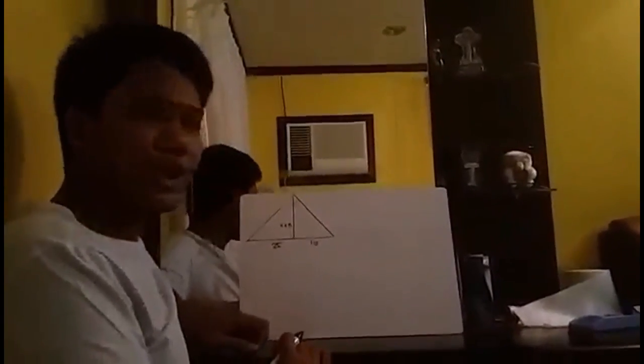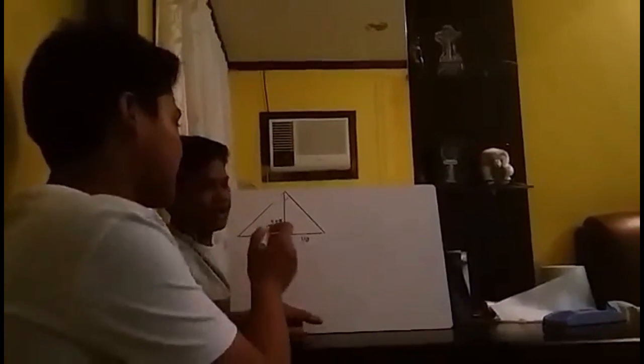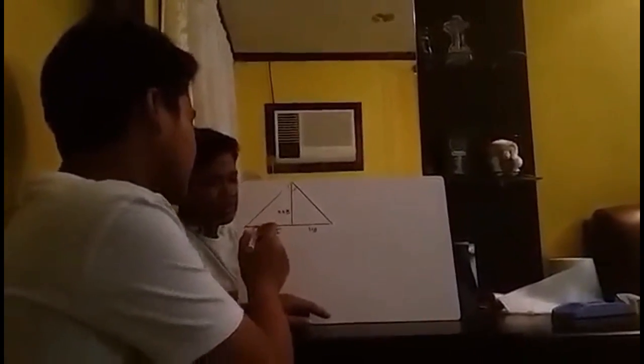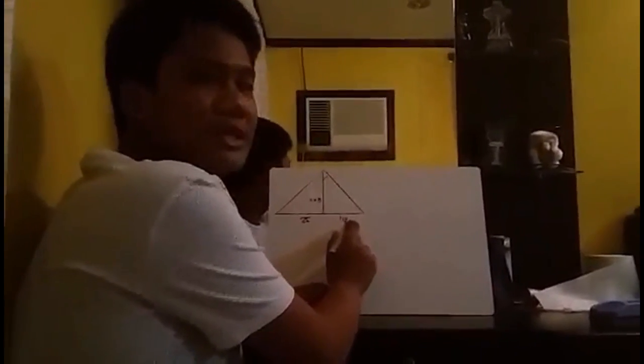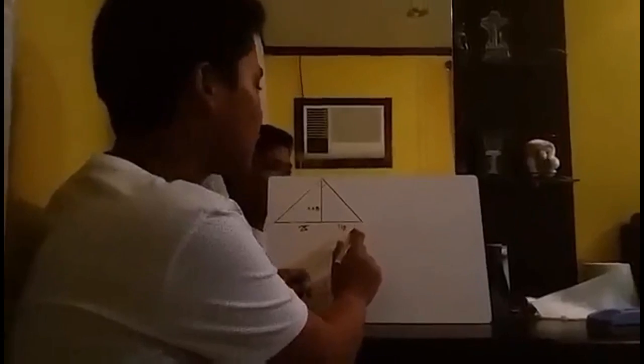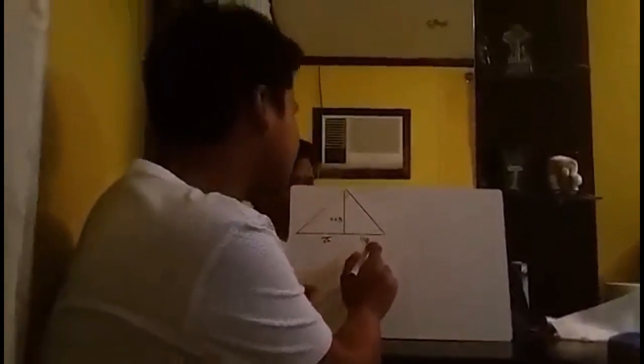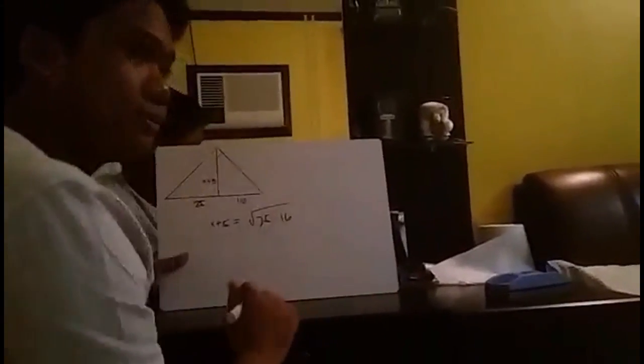Okay, so this is another exercise. In this figure, the height is x plus 5 units. The first segment is 25 units, and the other segment is 16 units. So what we are going to do is simply find the geometric mean. X plus 5 is equal to the geometric mean of 25 times 16.